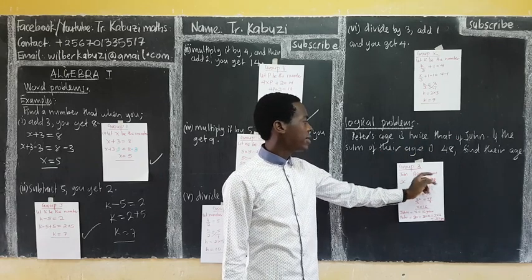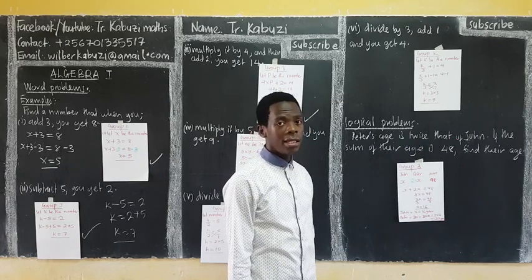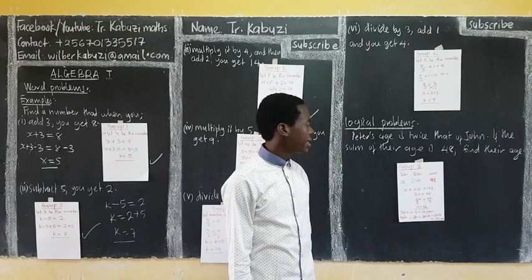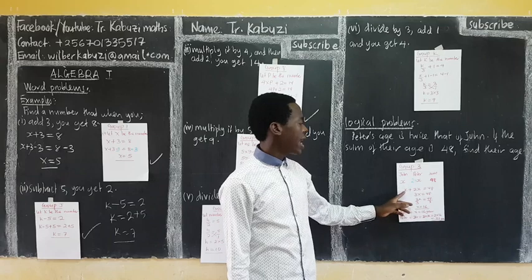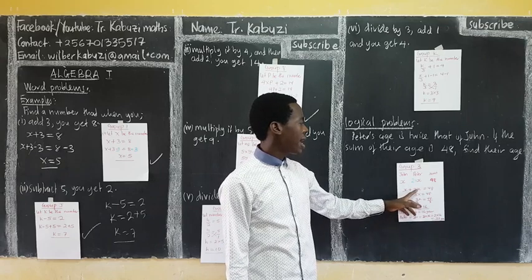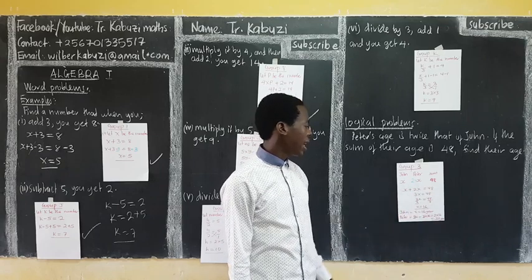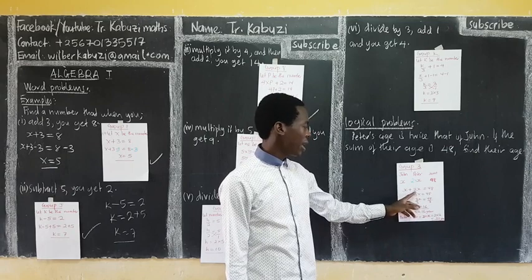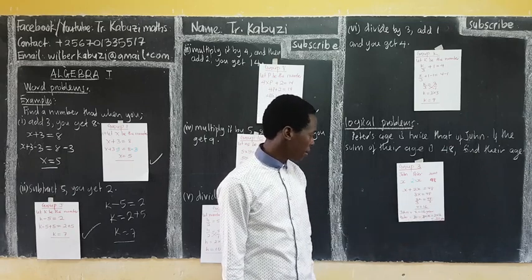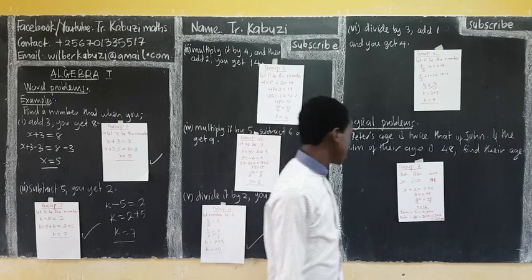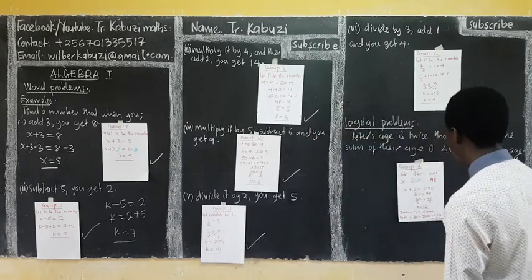Then the sum of their ages is 48. So the sum means what? You add. So when you added John's and that of Peter, they got 48. x plus 2x, you get 3x, equal to 48. Divided by 3, they got x equal to 16.